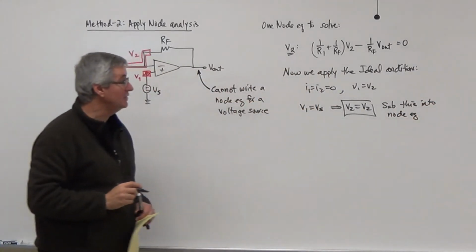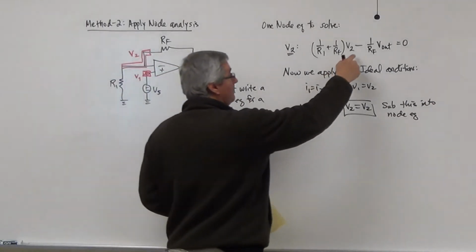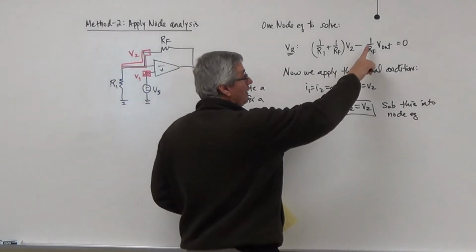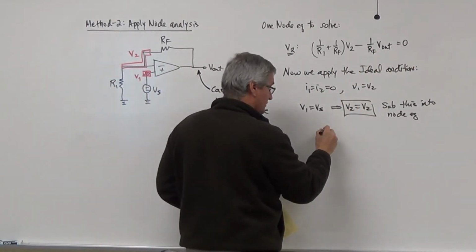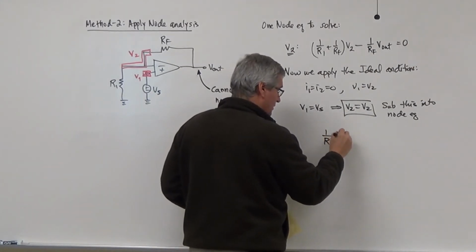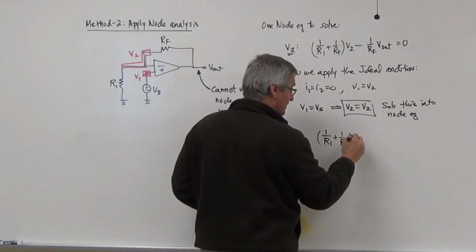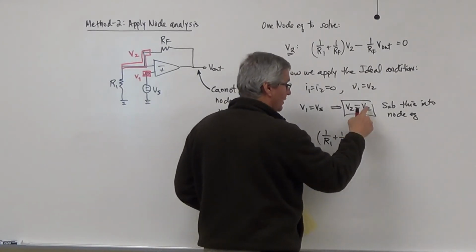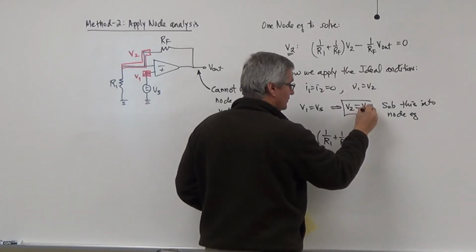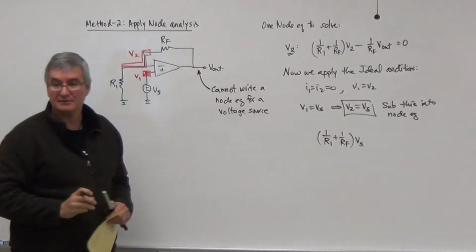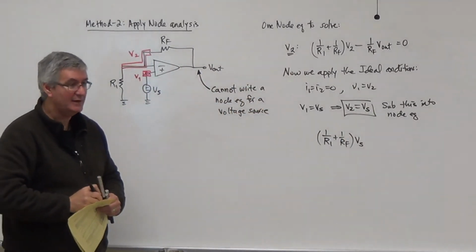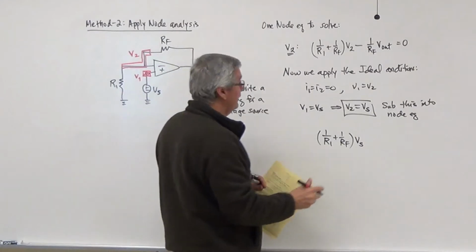If I sub this into the node equation, I come right back up here. I'm going to bring this to the other side. So then I get R1 plus RF. Now V2 must be the same as the source. Look, I wrote V2 is equal to V2. That is correct, and I did not write anything that's not correct on the board.